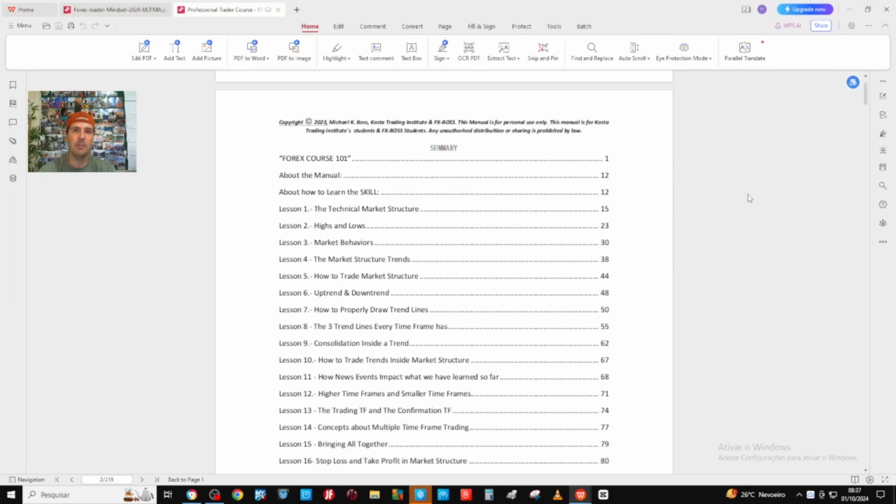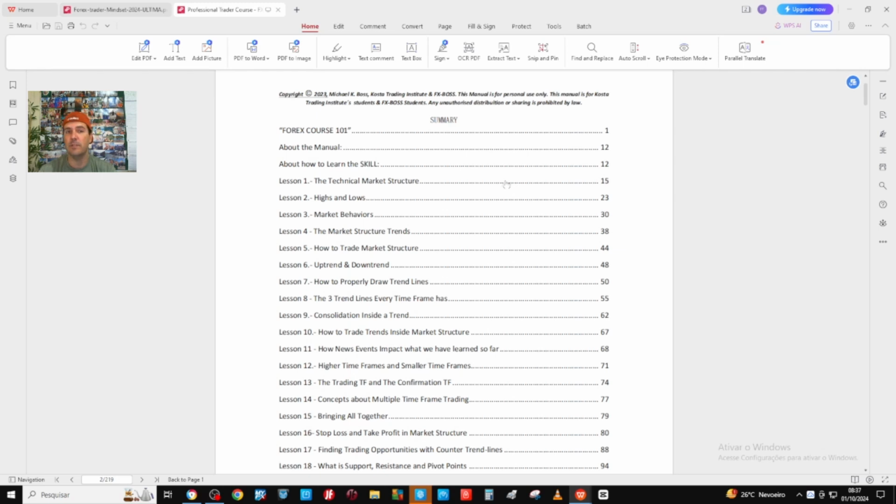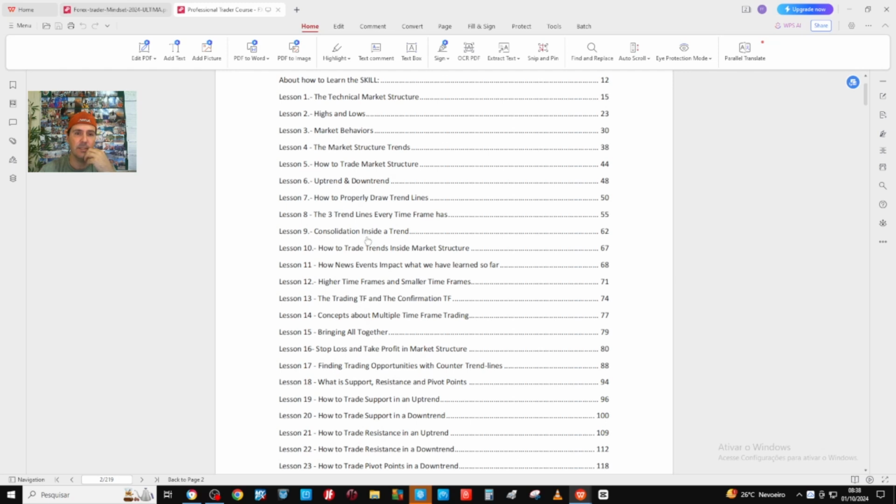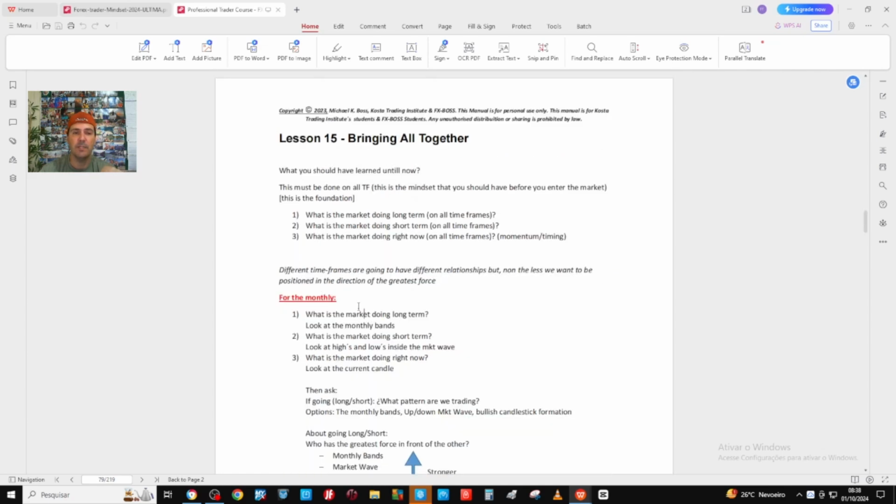We are talking about the lessons: the technical market structure, highs and lows, market behaviors, market structure trends, also called the market wave, how to trade trend lines, consolidation inside the trend, news events, higher time frames and smaller time frames, and the trading time frame and the confirmation time frame. So we are now bringing all of this together from the manual.